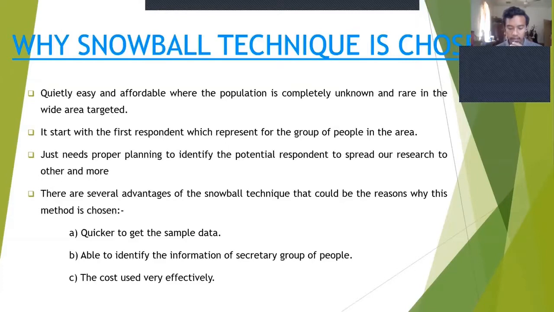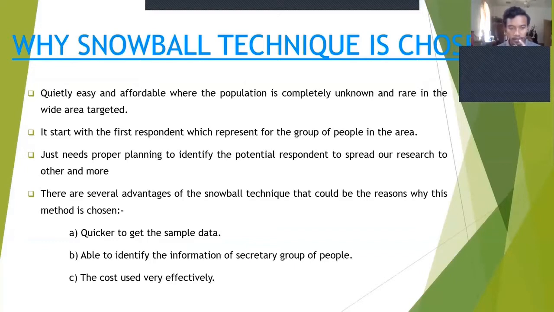This technique can identify information about a secretive group of people, because the first respondent, who is familiar and friendly with the secret group, has the chance to know in detail whether the information given is important or not. A secretive group will reject participating in research due to fear about their information being given to people they do not know.